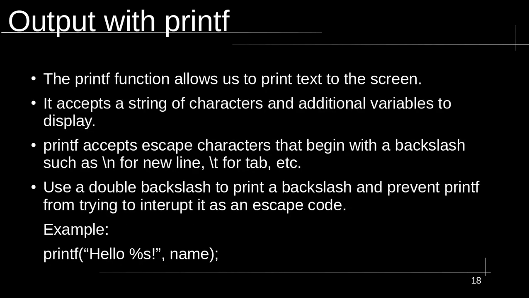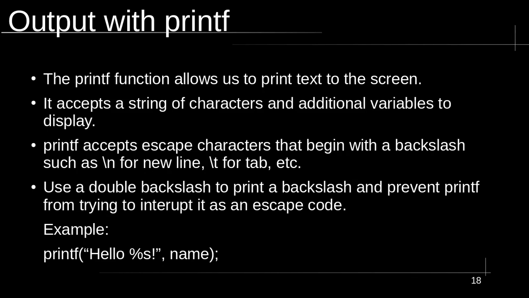The first function we used in this course was the printf function. It allows us to print formatted text to the screen. It accepts a string of characters that can include special codes that begin with a % sign or a backslash. \n will give you a new line, \t gives you a tab, etc. If you want to print a backslash, you need to use 2 backslashes in a row.